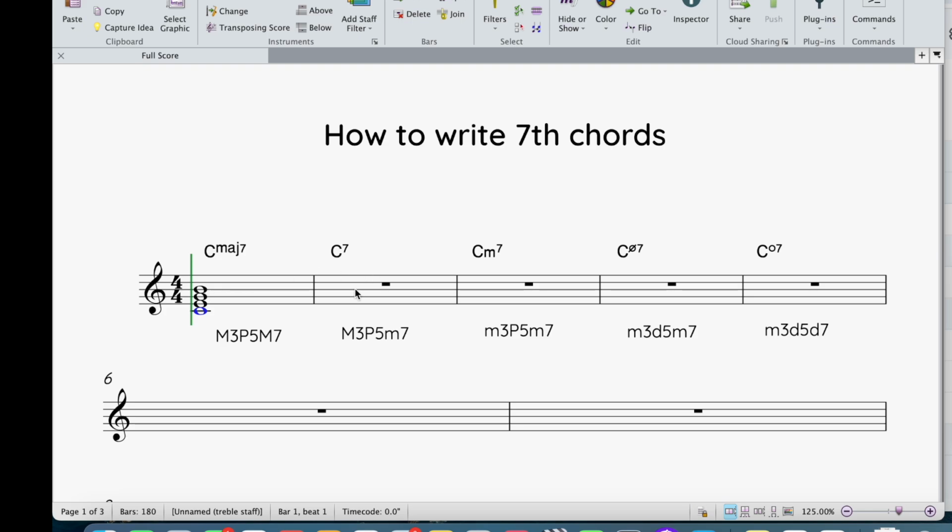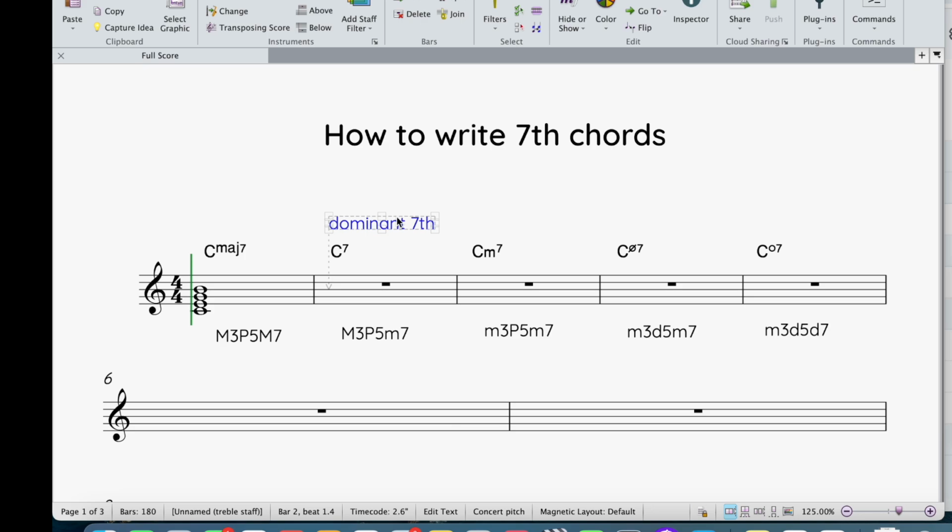All right, we come to C7, and we commonly refer to this as a dominant seventh. So I'll just write that as well, because that's how we often talk about it. The dominant seventh chord comes from being the fifth chord in a key.